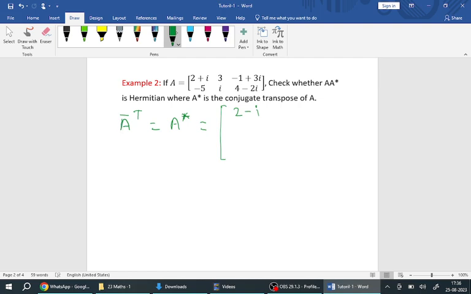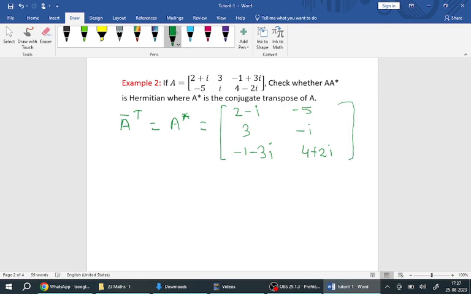Now A12 conjugate is 3 itself, and A13 becomes A31 here, which is minus 1 minus 3i. What I am doing here is writing the transpose and conjugate together. The next column will be minus 5 minus i, and the last one is 4 plus 2i. So we got the A star matrix.